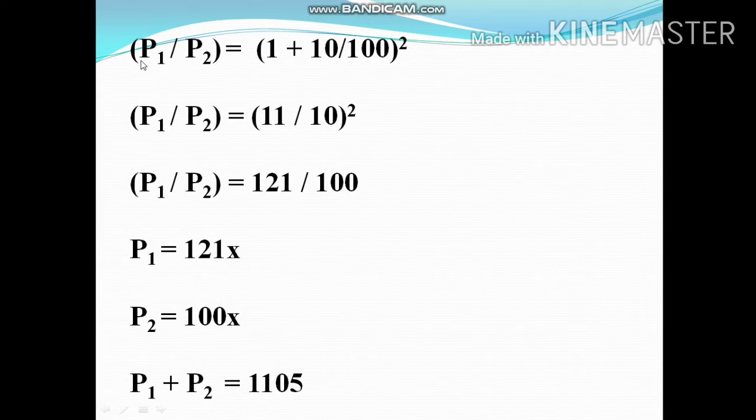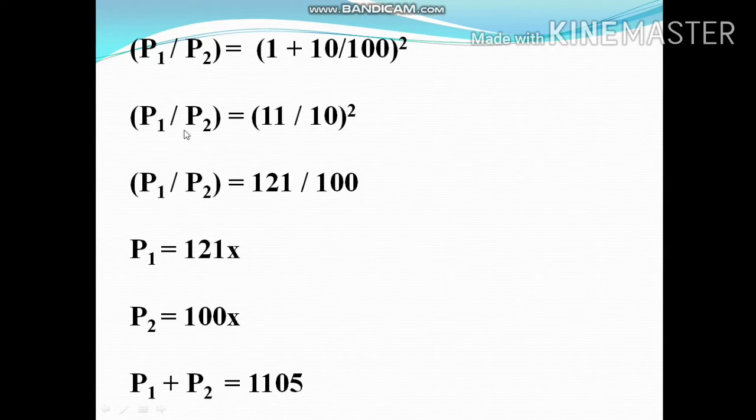So P1 by P2 is equal to (1 plus 10 by 100) whole square. As it is given in the problem, the rate of interest is 10%, so in place of R I am substituting 10. So it becomes (1 plus 10 by 100) whole square.